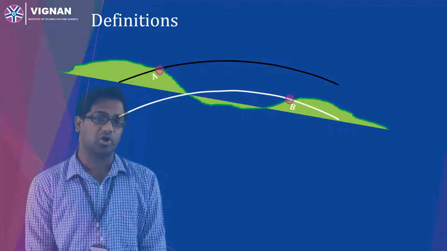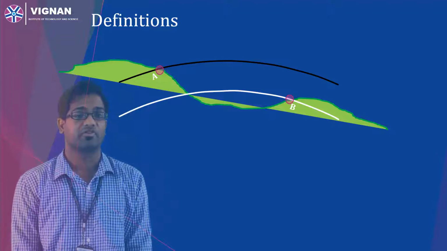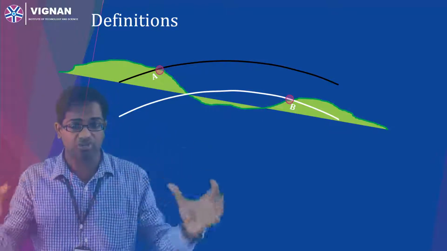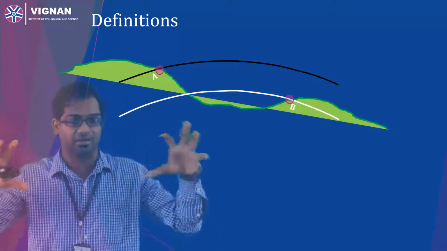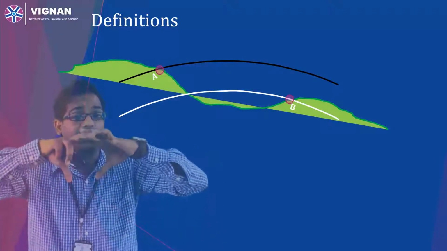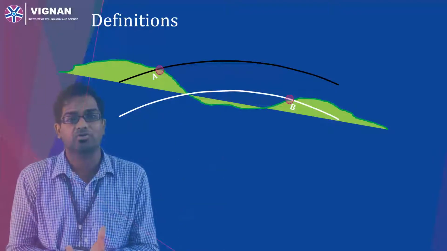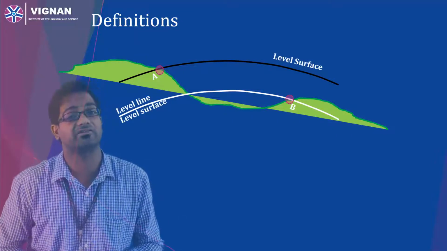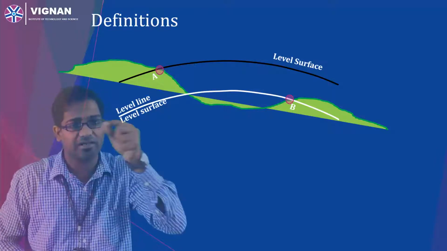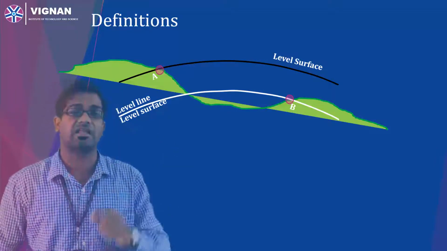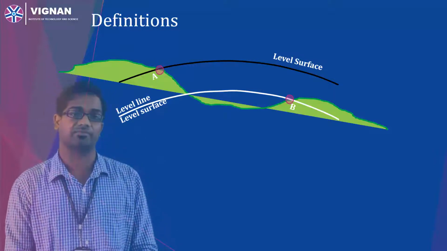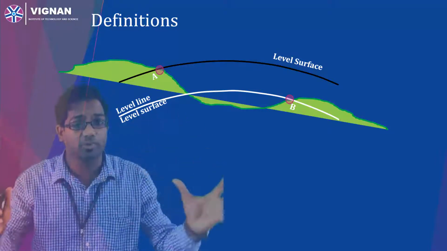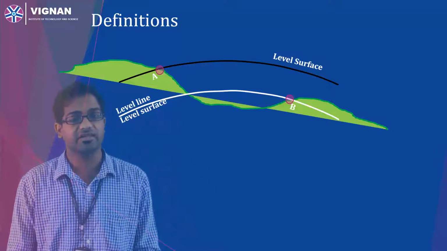If you draw a plane parallel to the spherical shape of the earth, then that is called a level surface.